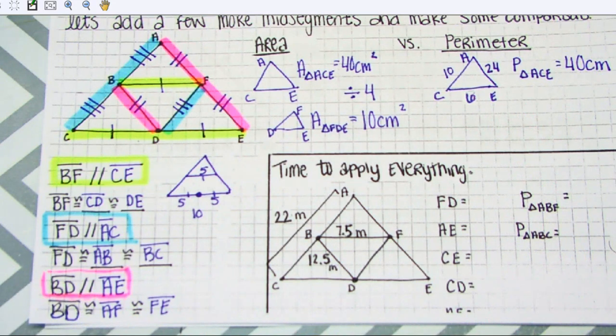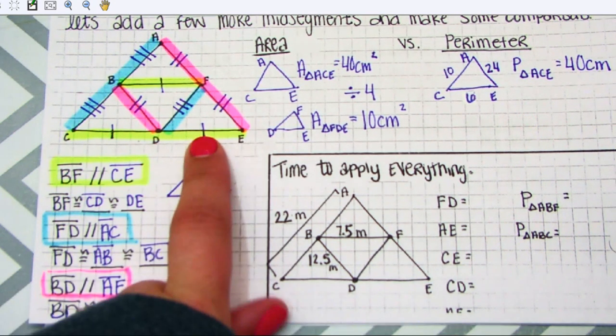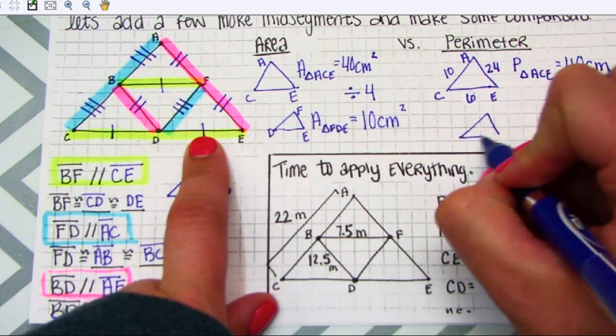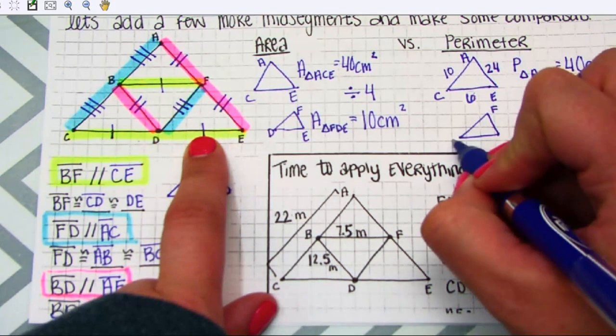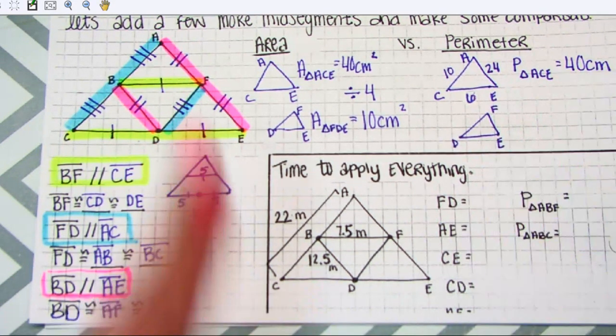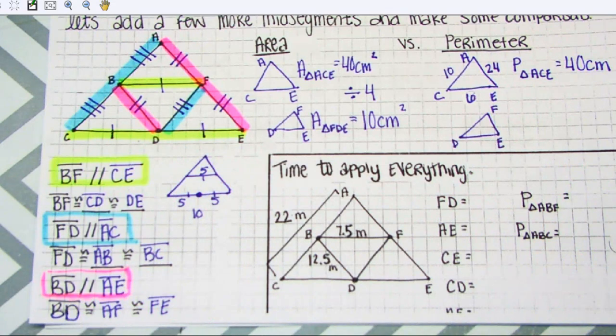Now, using this information, we want the perimeter of just a little tiny triangle right here. This is triangle FDE. So what you have to do is kind of look at the big triangle, CE. The big triangle side is 6.